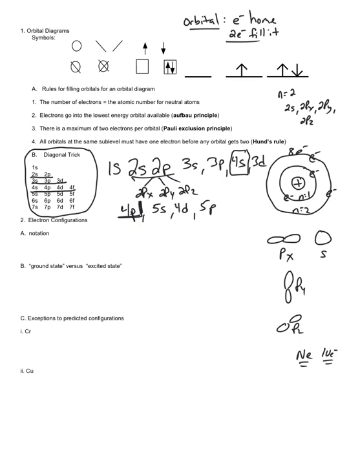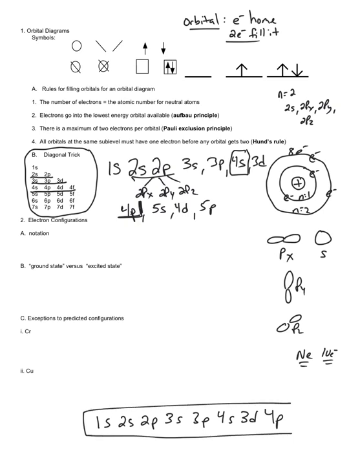So what I would do, and what most of you probably will do, is write down 1s, 2s, 2p, 3s, 3p, 4s, 3d, and 4p. This is the order in which we fill electrons. You're only going to be expected to do the electron configurations for the elements hydrogen through krypton, number 36.